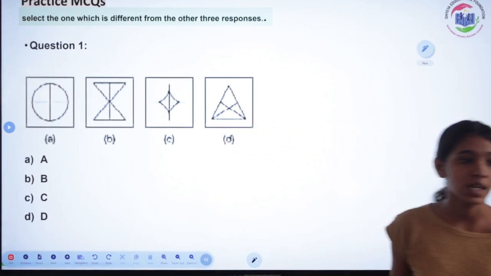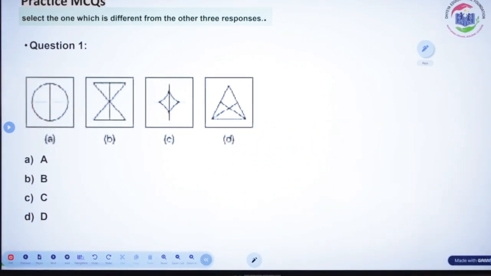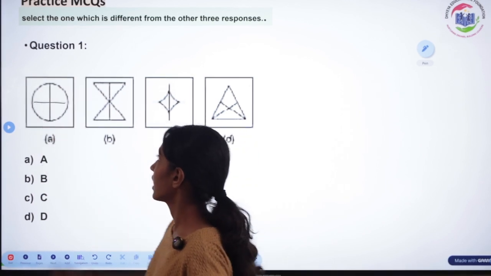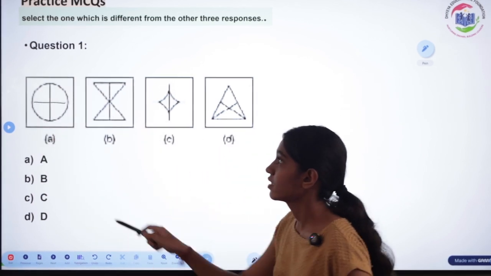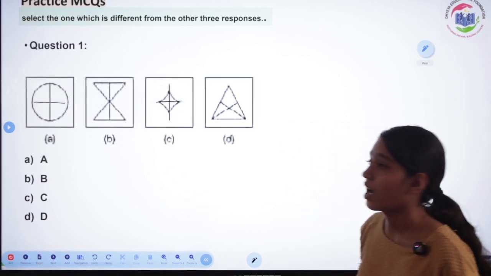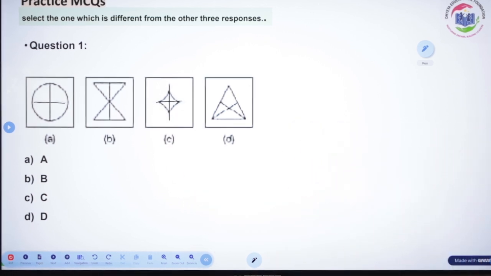Let's discuss some MCQs. We have to select the one which is different from the other three responses. First is a circle with lines. There are two lines. Here is also a line, and again these are the diagrams.